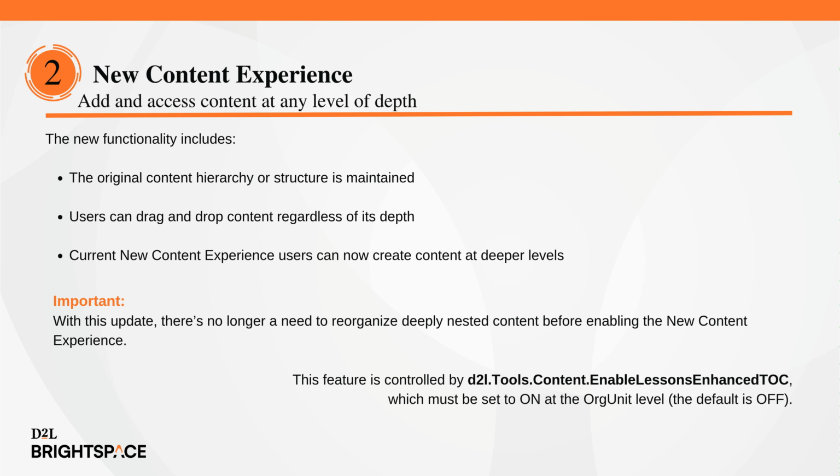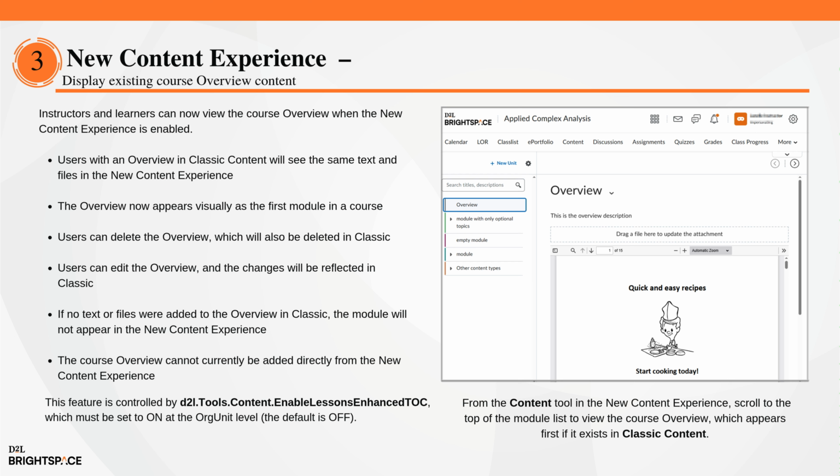The default is off. Instructors and learners can now view the course overview when the New Content Experience is enabled. This update improves the user experience and preserves the overview created in Classic Content. Users with an overview in Classic Content will see the same text and files in the New Content Experience. The overview now appears visually as a first module in a course.